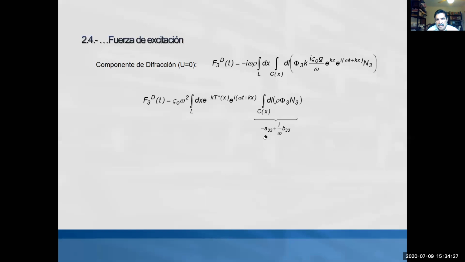Okay, so this, please be careful. This is little a and little b. That means that this is added mass per unit length. This is a damping coefficient per unit length, okay? So we have all of this, and that will give us the force per unit length. And if we integrate, we get the final force on the hull.